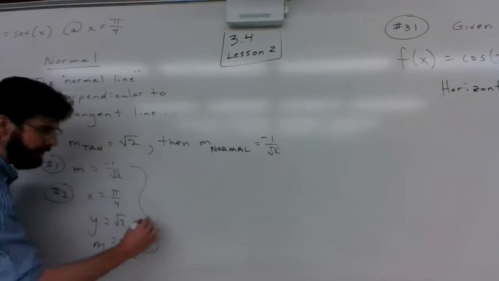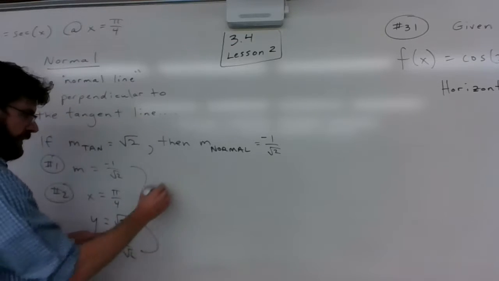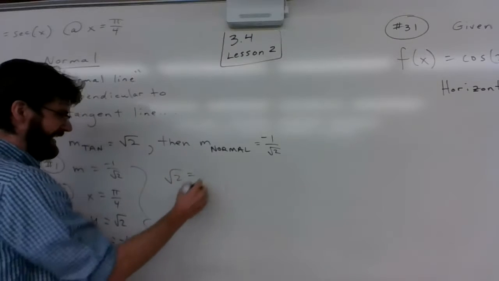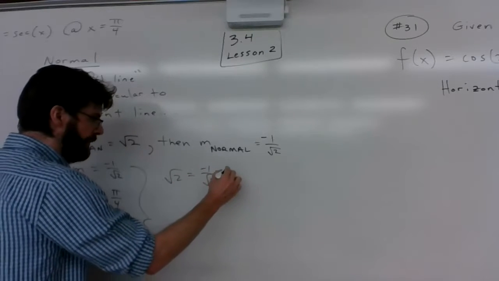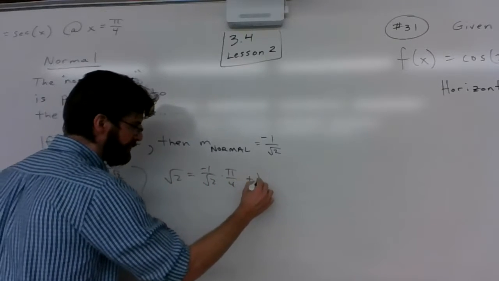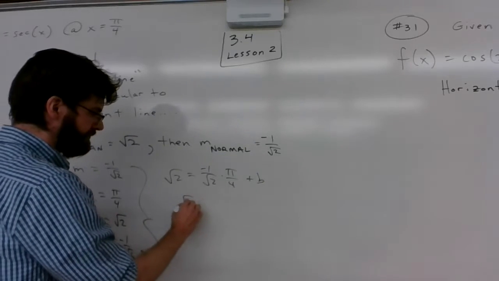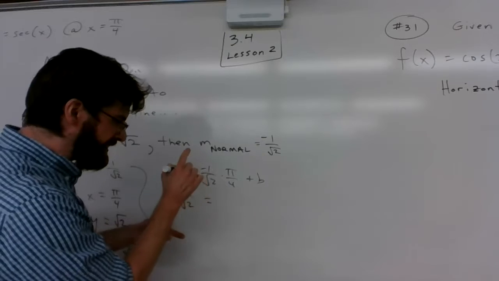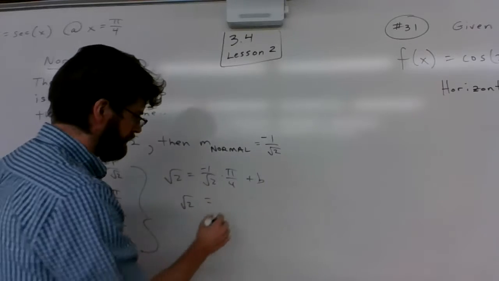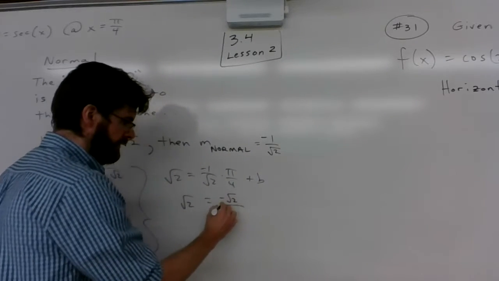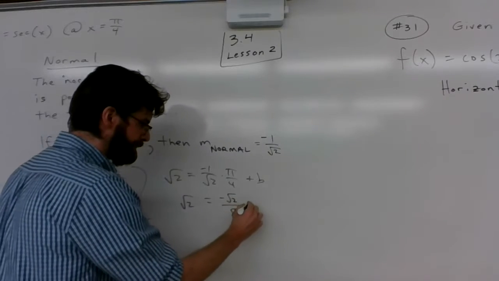So we're going to get a similar weird equation out of this. Root 2 equals negative 1 over root 2 times pi over 4 plus b. And I guess we can multiply both the top and bottom by root 2. This would make 8 on the bottom.